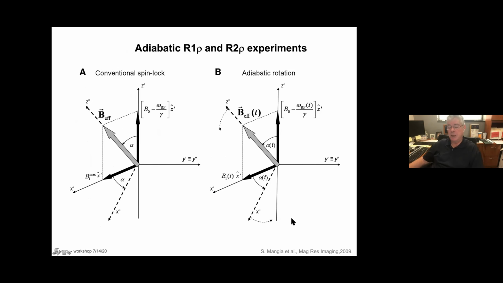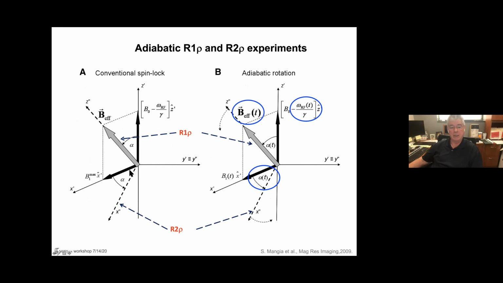So the approach that we have developed over the last few years, driven by Frank, who you'll hear from, came from Gianluigi Veglia's lab and Mike Garwood. An earlier paper in magnetic resonance imaging talked about using adiabatic rotation. So you have the same coordinate system for R1 rho and R2 rho, but now these parameters become time dependent.